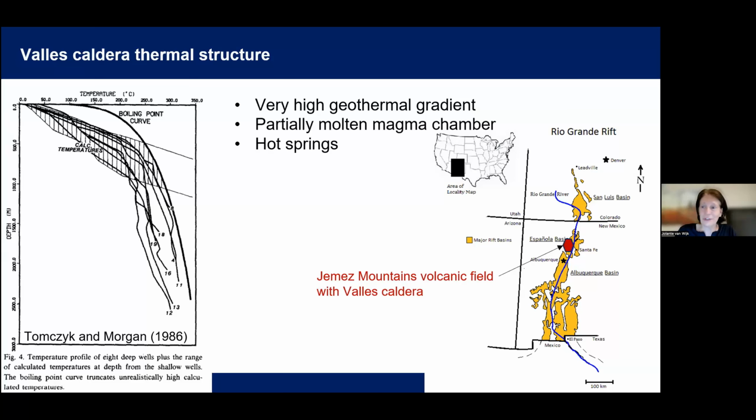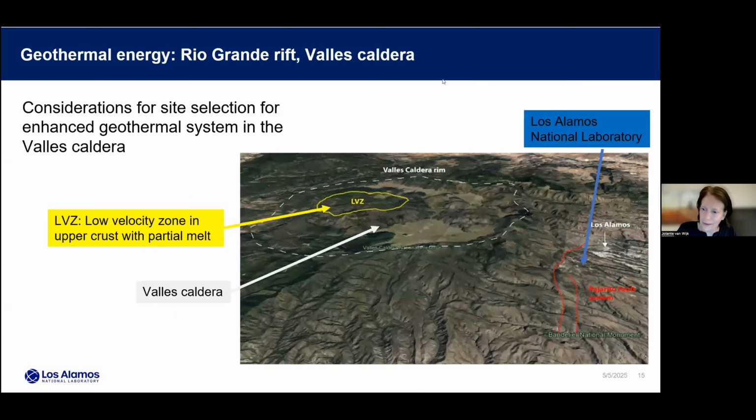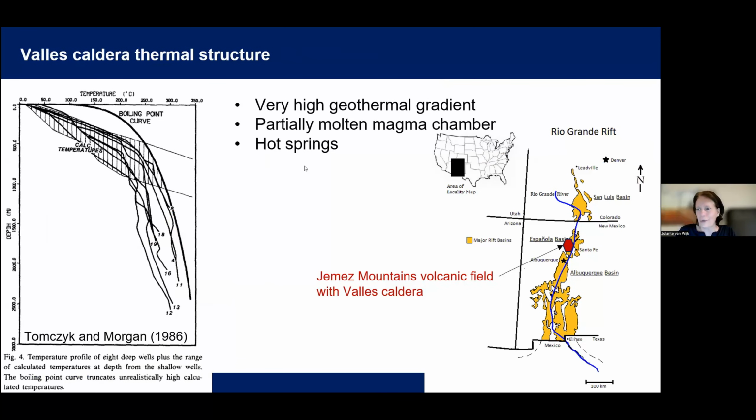In this area, there's also a lot of hot springs. The map towards the right shows you the basins, the major sedimentary basins of the Rio Grande Rift Zone, and also the location of the Jemez Mountains volcanic field with this Valles Caldera.